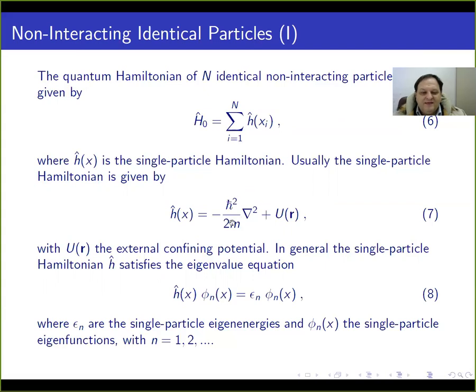Both the kinetic term and the external potential term depend on the coordinates, and in this case, actually on the space coordinate, bold r, which means the 3 spatial coordinates, and also nabla squared obviously means the sum of the second derivatives of the spatial coordinates. In general, the external potential can also be a function of the spin, but in this case I have not included it.